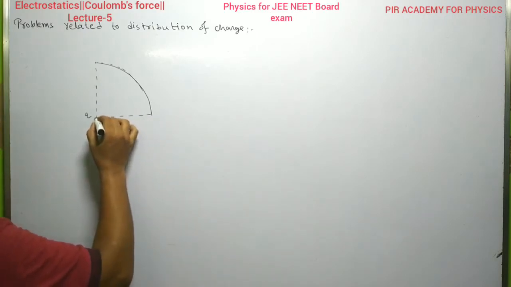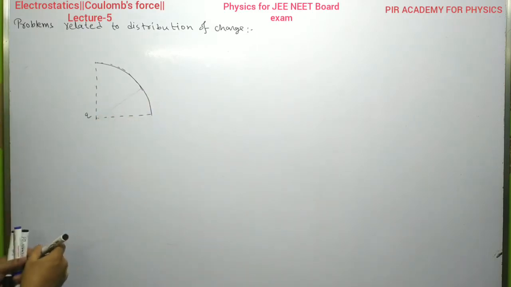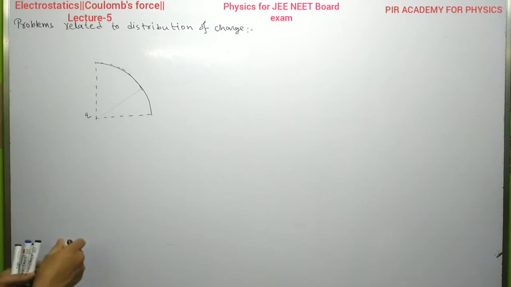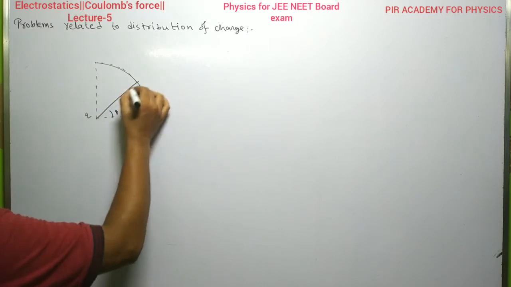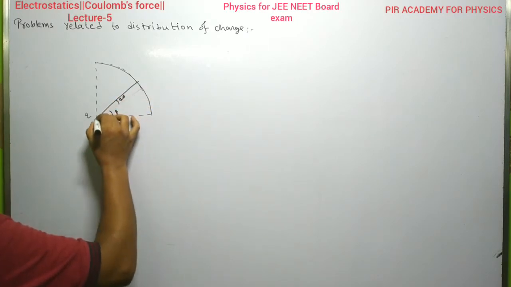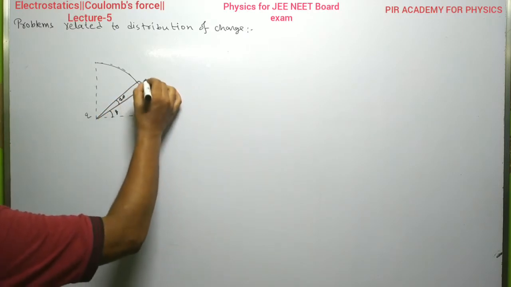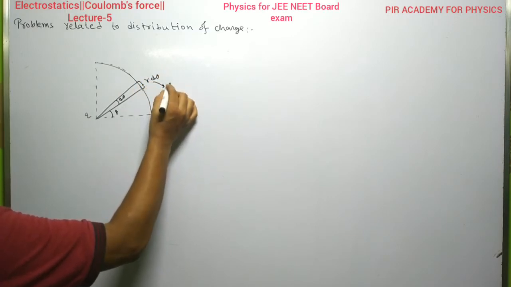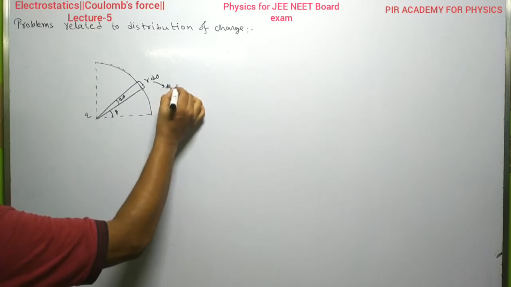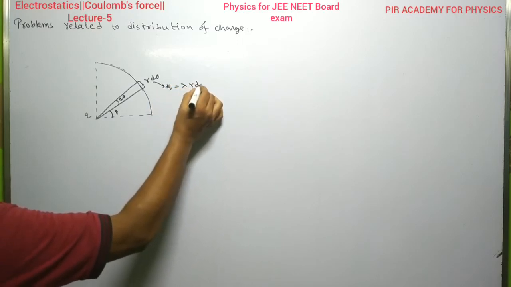Similarly, you take theta and another d theta. This is d theta and this will be r d theta, and the charge dq will be lambda r d theta.